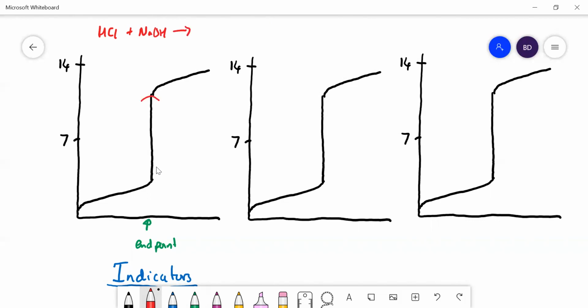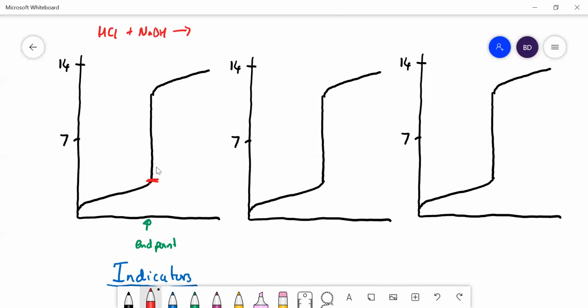And we've got this portion here where it's very steep, right? So you add one drop, and your pH shoots up, as we've seen before, from about 2.5 or something, right through 11 with one drop, and it will go all the way to being quite alkaline. That's when you see the sudden color change occurring.